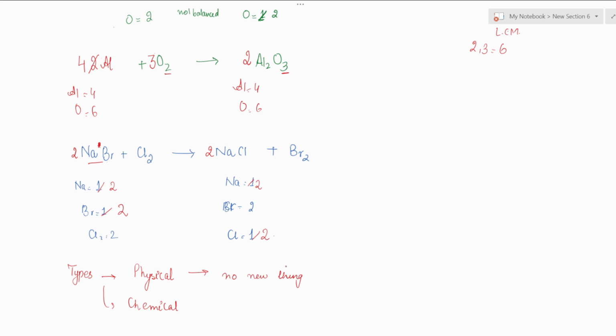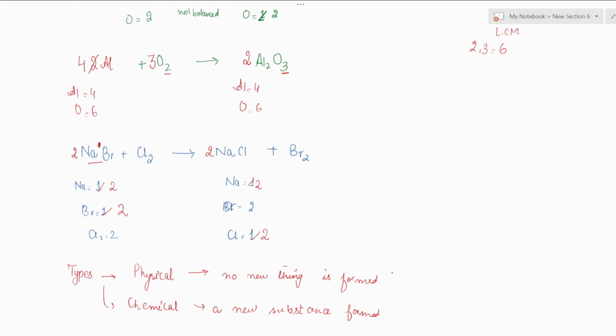right? But in a chemical one, a new substance is formed. For example, hydrogen and oxygen combine together to make water. Carbon plus oxygen gives carbon dioxide. A new substance is formed in a chemical reaction.